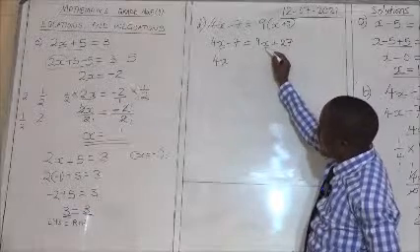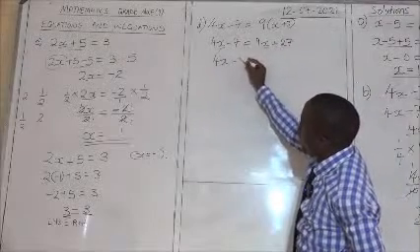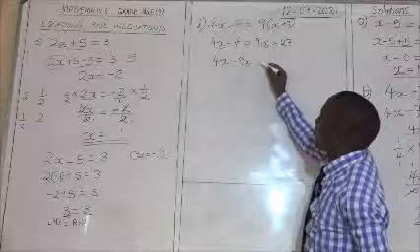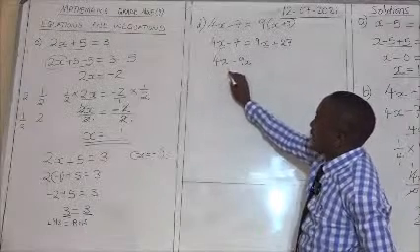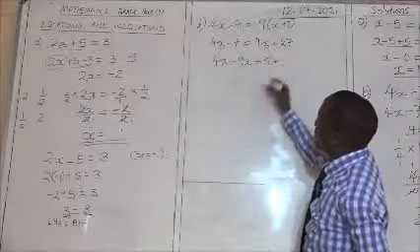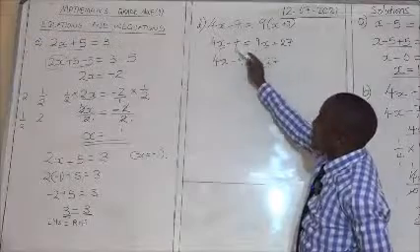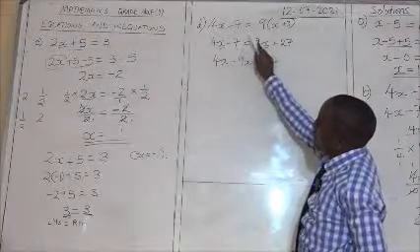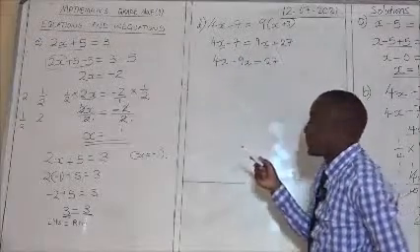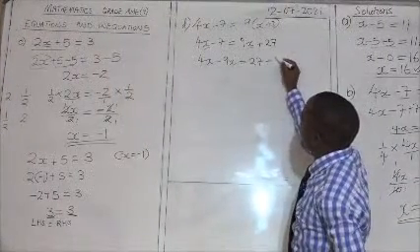Since this 9x is positive this side, it will be negative when it crosses the equal sign. So this is 4x minus 9x is equal to 27. Then here you have negative 7. When this negative 7 crosses the equal sign, it will be positive 7.